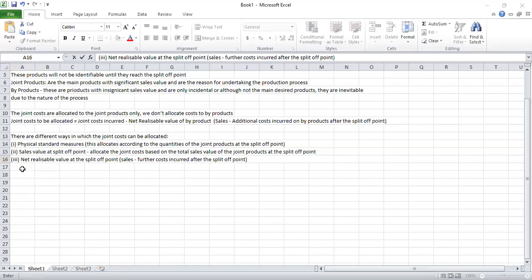Right. So we can use the net realizable value after the split off point. Then we have got constant gross profit margin.